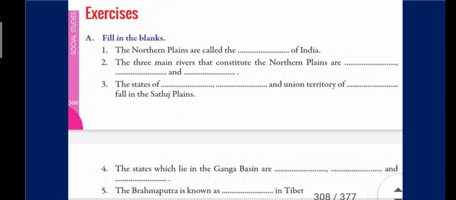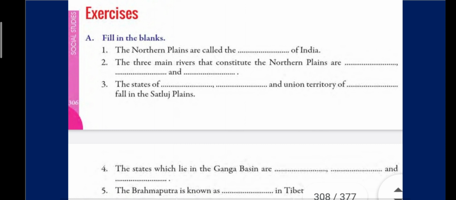Second, the three main rivers that constitute the northern plains are, and there are three blanks. First is Satluj river, second is Ganga river, and third is Brahmaputra river. Number 3, the states of dash dash and union territory of dash fall in the Satluj plains.